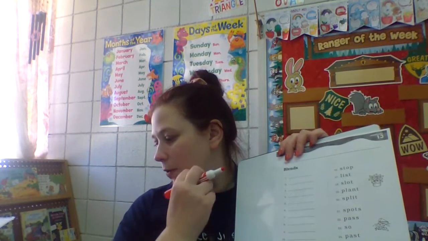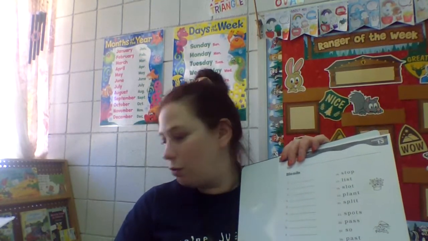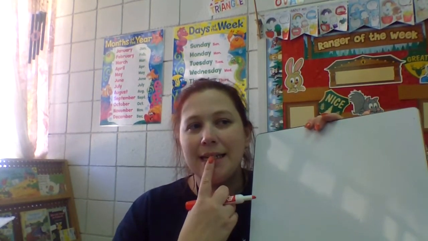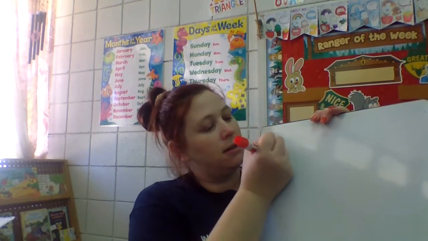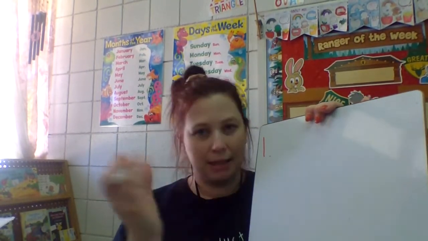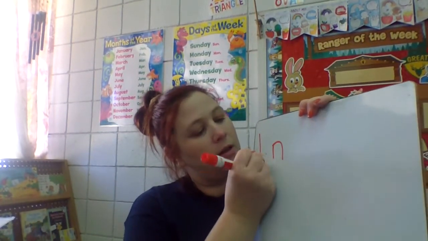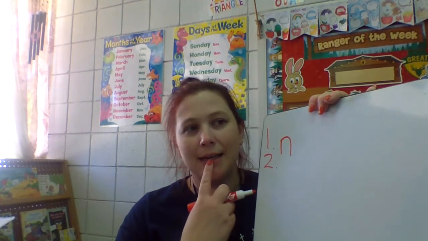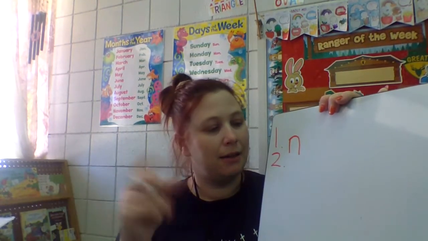I'm going to give you the spelling sound and I want you to write down the letter. So number 1 is N. What letter is N? N, and then write it down. Number 2, I, and write it down.